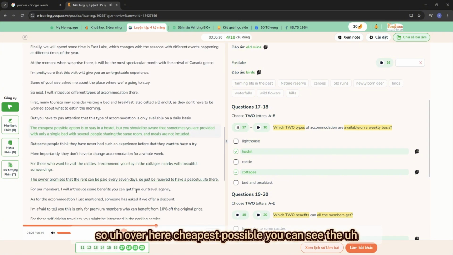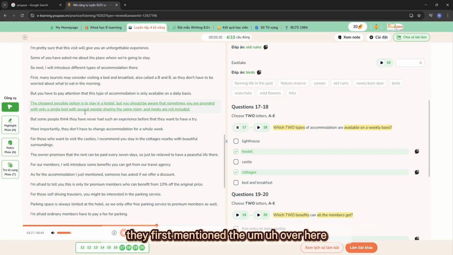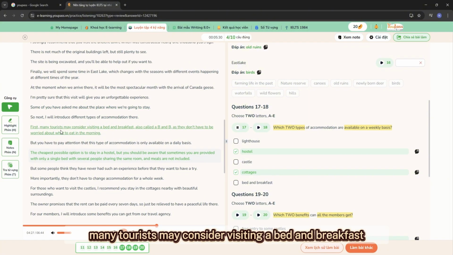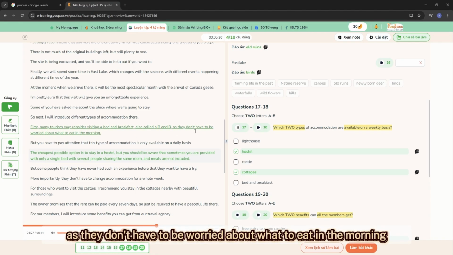So over here, cheapest possible, you can see they first mentioned the bed and breakfast. Many tourists may consider visiting a bed and breakfast, also called a B&B, as they don't have to be worried about what to eat in the morning.